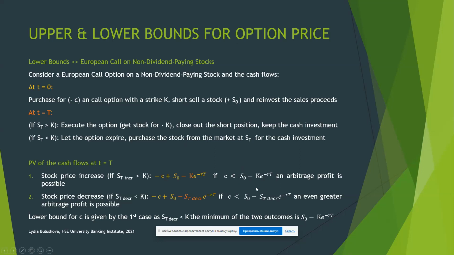So we know that this is lower than this, right? So look, S sub T lower than K, S sub T higher than K. Here we've got K, here we've got S sub T. So we can conclude that this is the minimum of two outcomes.